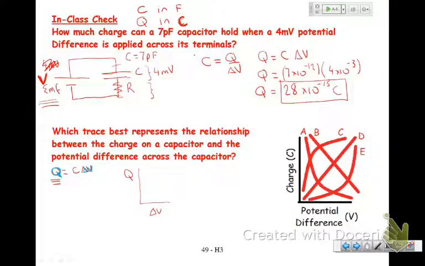And what kind of relationship is this? It's linear, isn't it? Linear. And so I can say it's going to look like that. But that's also linear. So which one is it? So what he says is, as V increases, Q increases. So it's going to be that guy, yeah.